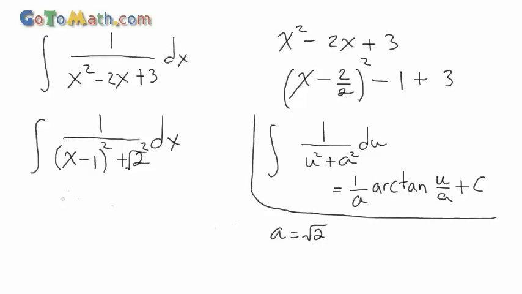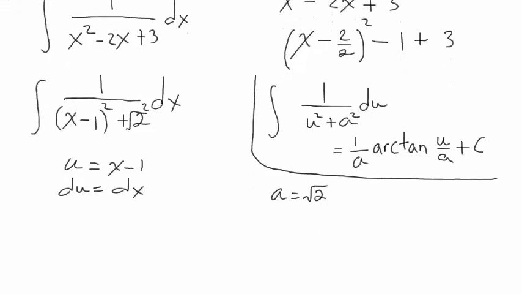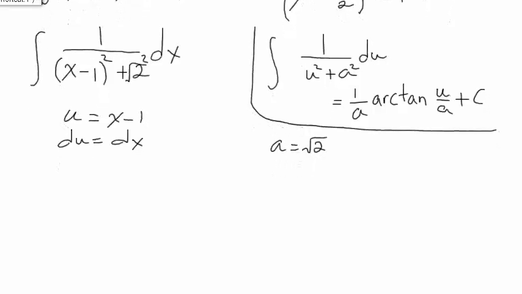But I'm going to go ahead and use what's called u substitution. Now don't get this u mixed up with this u here. These are two different u's going on here. u is x minus 1, and then du is equal to dx. This way we'll get it looking just like this here.